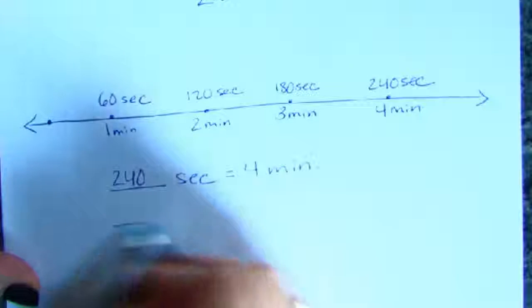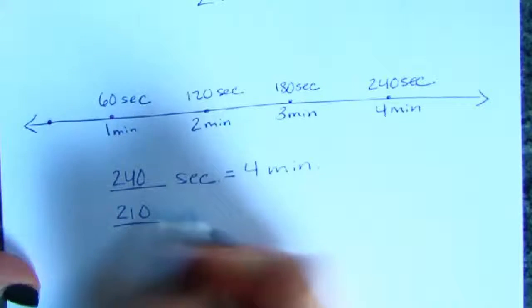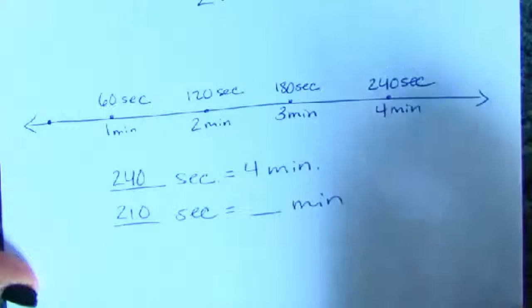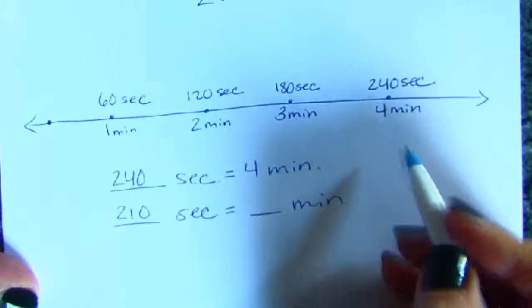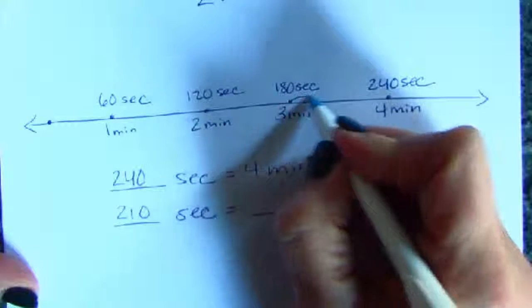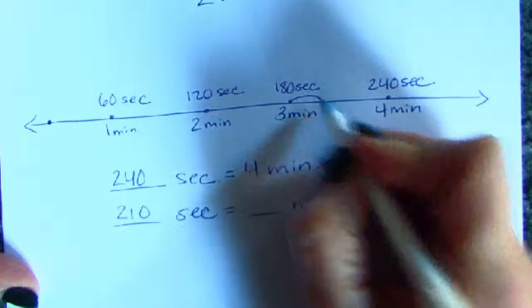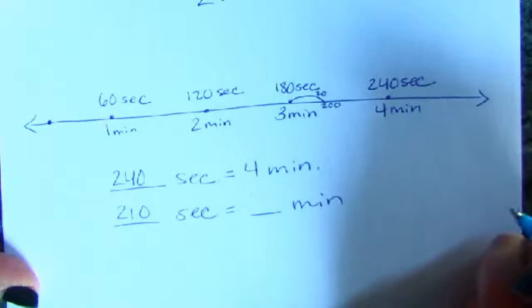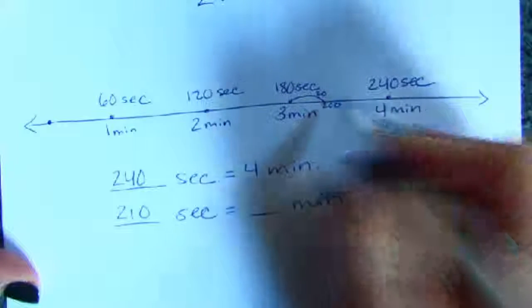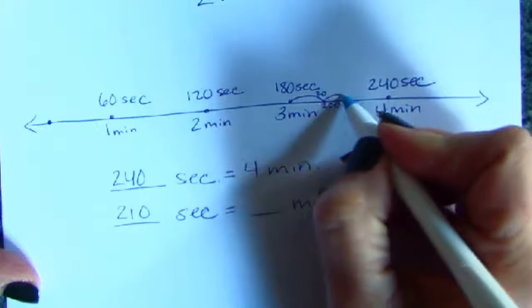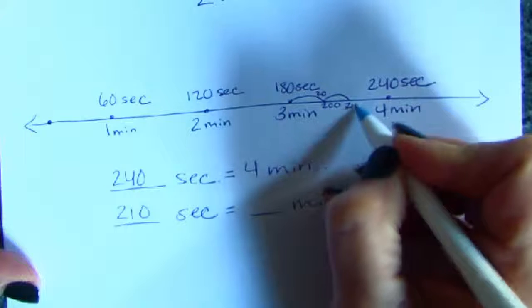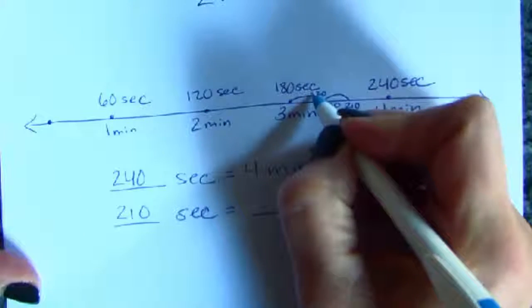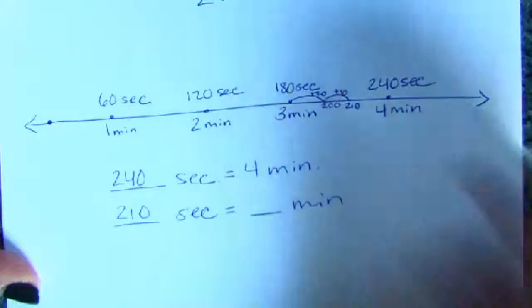What about this question? 210 seconds. How many minutes was that? So we can look here and we can say, well, 20 more seconds got us to 200 seconds. And 10 more seconds got us to 210 seconds, which is our goal. So we did plus 20 and plus 10.